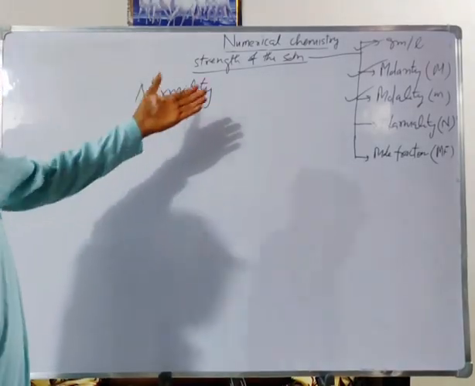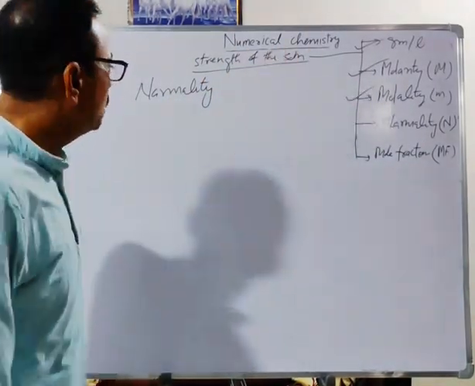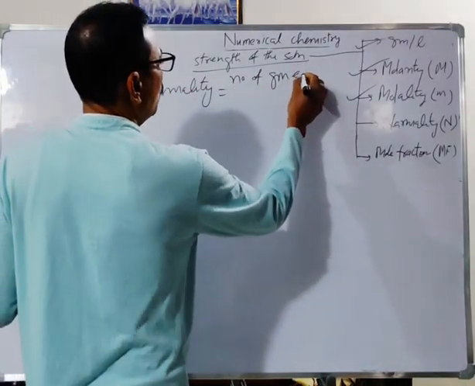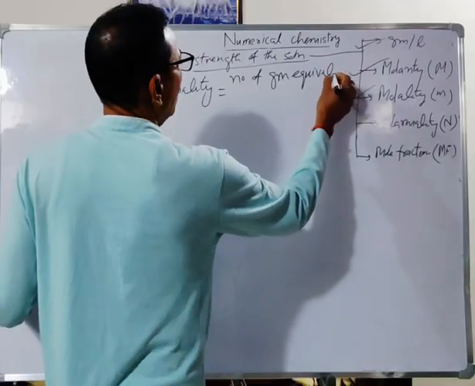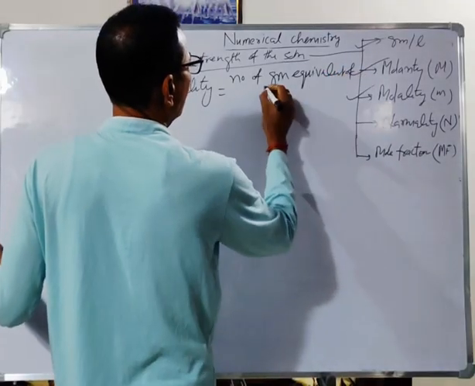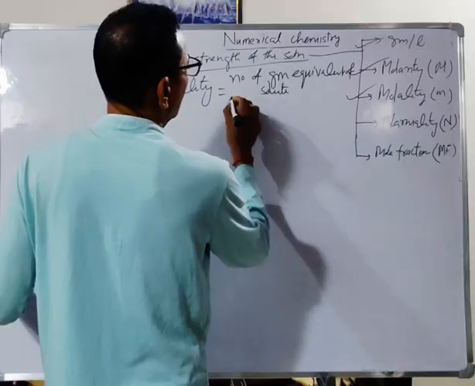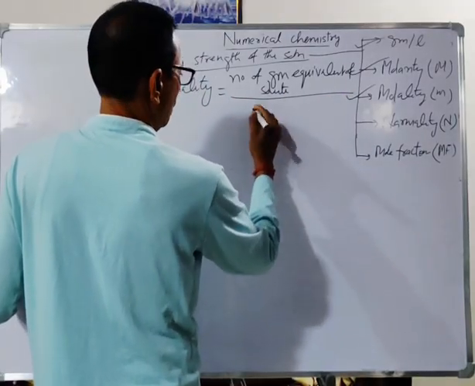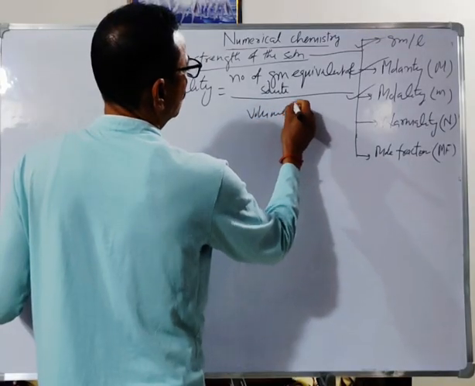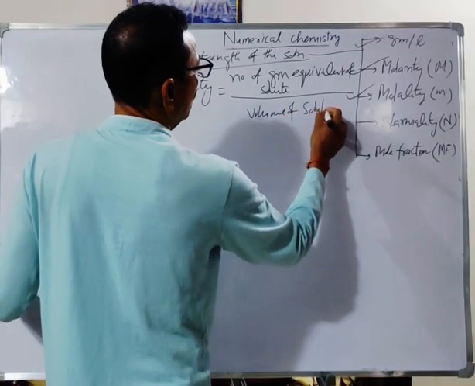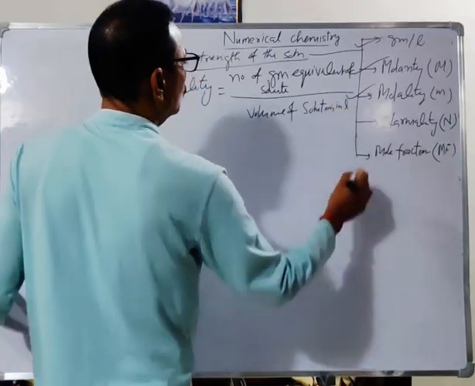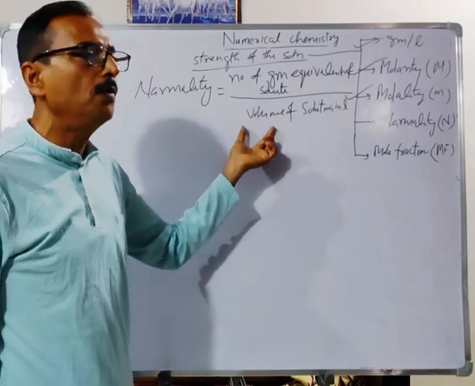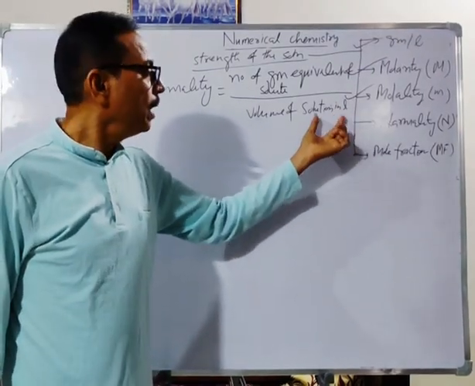Normality, just like molarity and molality, is defined as the number of gram equivalents of solute divided by the volume of solution in liter.